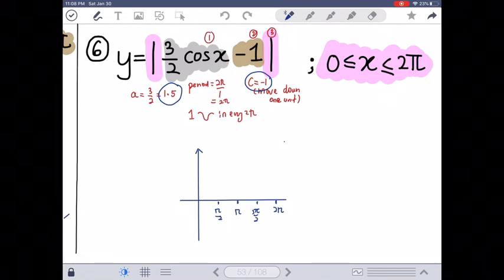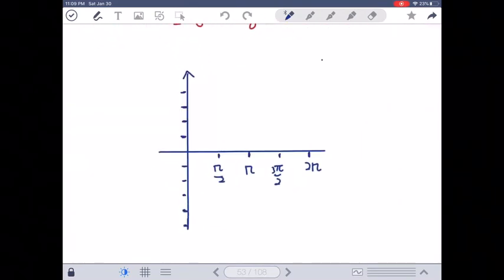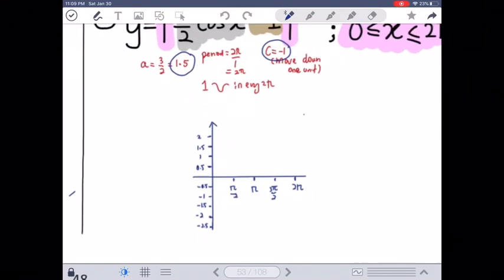So probably we will need the scale 0.5. So 0.5, 1, 1.5, 2, negative 0.5, 1, 1.5, 2, and probably negative 2.5. So this is 0.5, 1, 1.5, 2, negative 0.5, negative 1, negative 1.5, negative 2, negative 2.5.